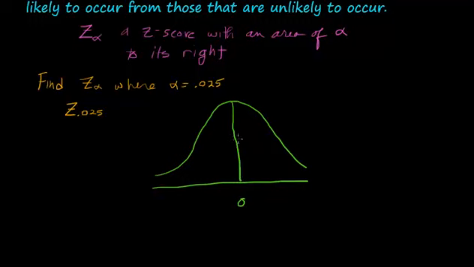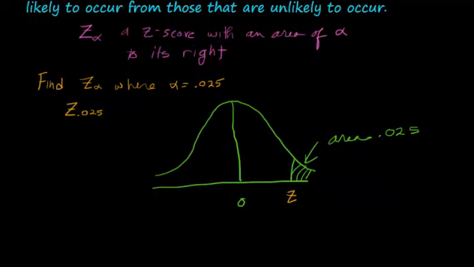So we know that 50% is to the right of the mean. So we're talking way out here where to the right this area is 0.025. Okay, so the question is, what is this z-score that has an area of 0.025 to its right?